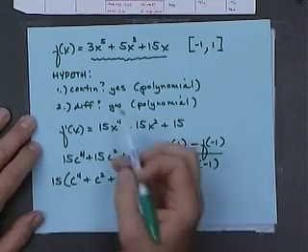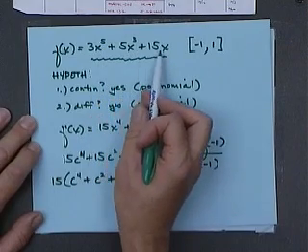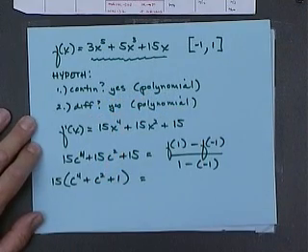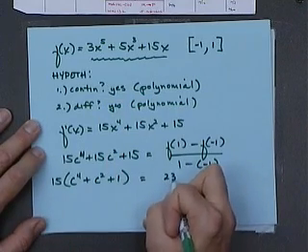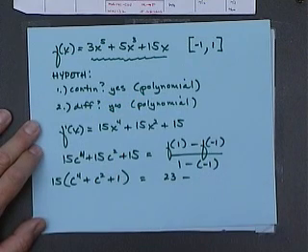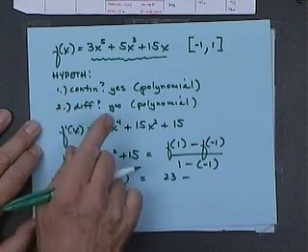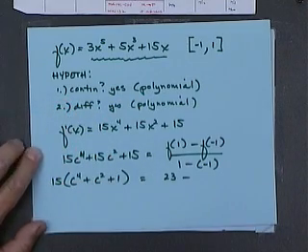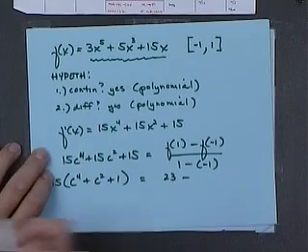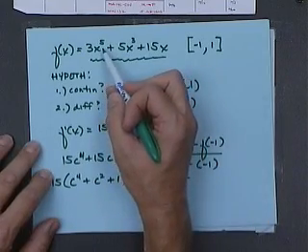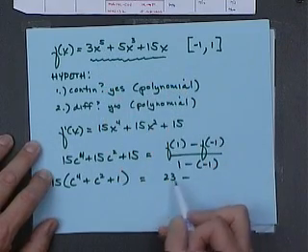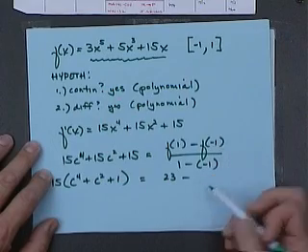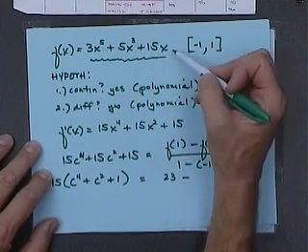What is f(1)? 3 plus 5 plus 15 is 23. What is f(-1)? -3, -5, -15, which is -23. So this must be an odd function, for f(1) to be 23 and f(-1) to be -23. It is an odd function.